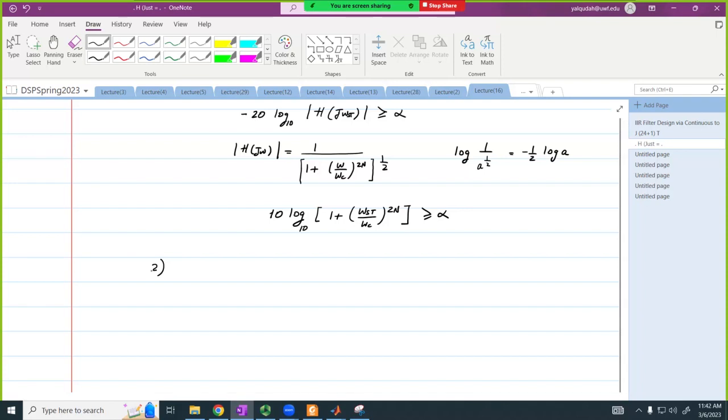And then we're going to use the tables to find the normalized HC or H of S. And then we're going to unnormalize. We're going to replace S with S over omega C.